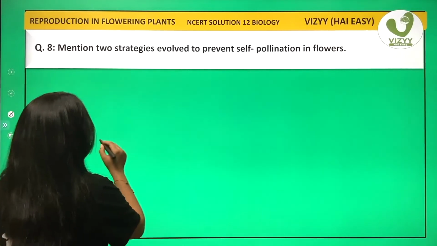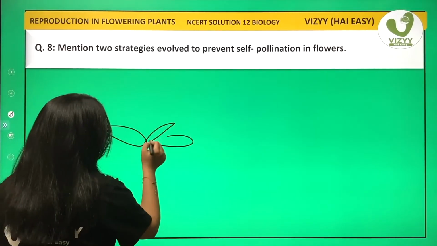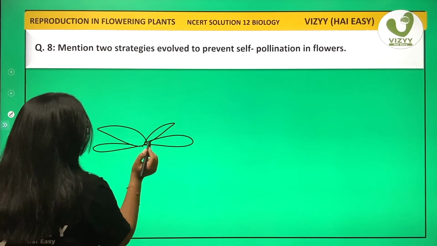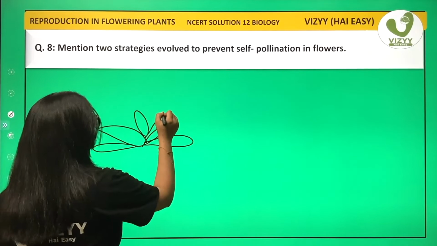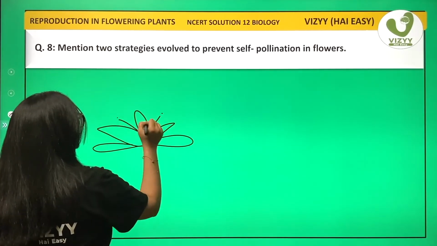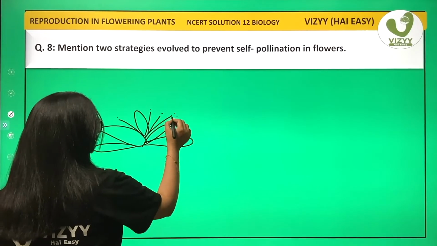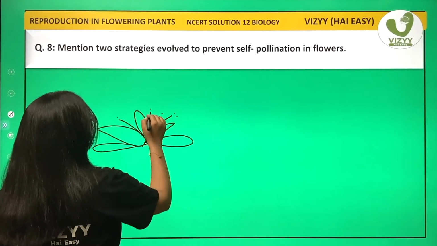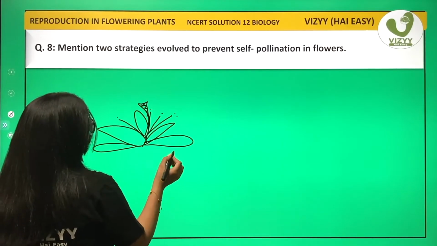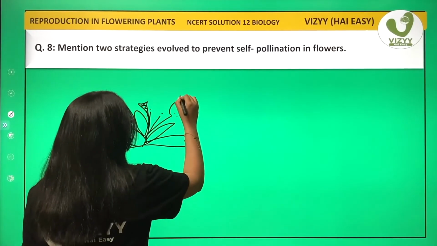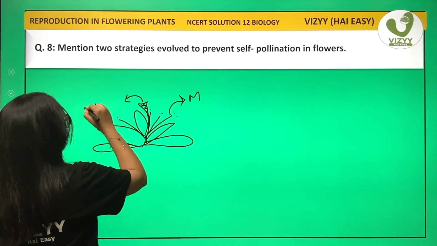Okay, so let's say this is a bisexual flower. Bisexual flower means it has both the reproductive organs. These are anthers and this is stigma. Now, when the anther matures, the stigma is still not mature.